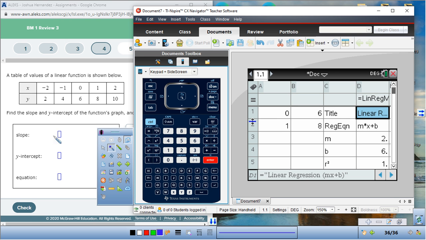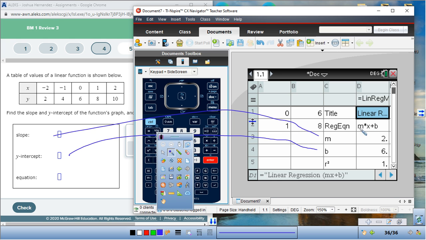Okay, in this situation, your slope is right here, M. Your y-intercept is right here, B. Your equation, you just combine that in the form of y equals mx plus b. So what you're going to have now in this situation, ready? Y. Okay, come on.